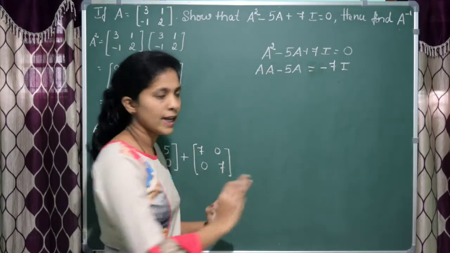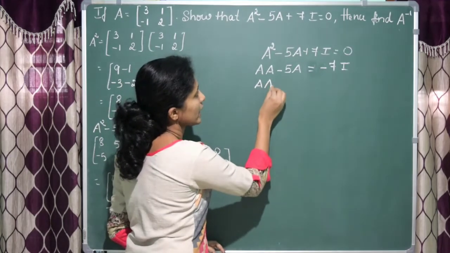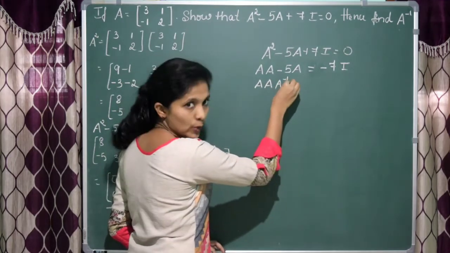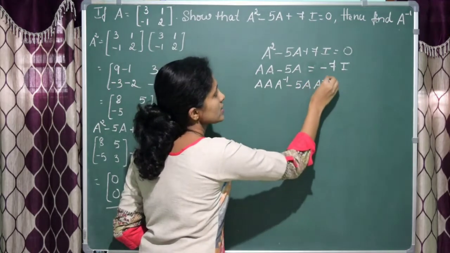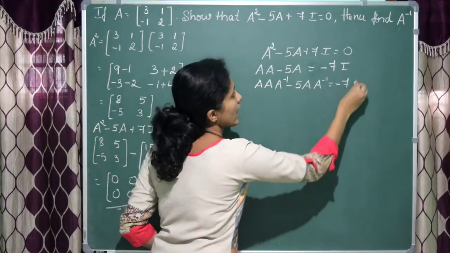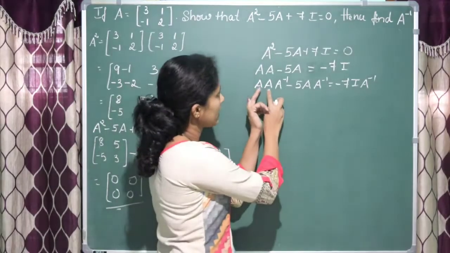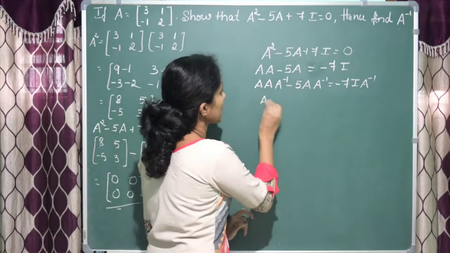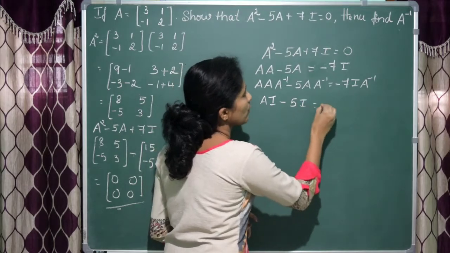Now we will multiply A inverse to the right side. If I multiply A inverse to the right side, this will be A into A inverse minus 5A into A inverse is equal to minus 7I into A inverse. Is it clear? A into A inverse will be I, minus 5 into I is equal to minus 7.